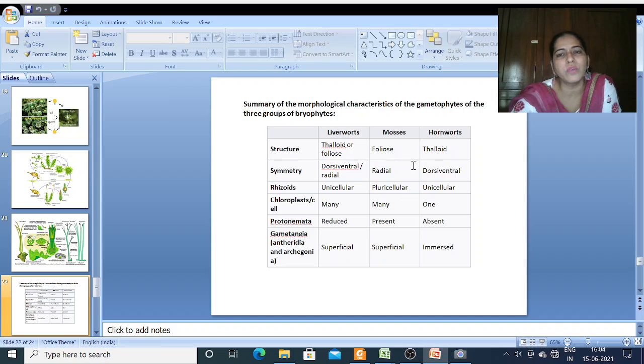Radial symmetry in mosses, and hornworts have dorsiventral symmetry. Rhizoids are unicellular in liverworts as well as hornworts. Then protonema is reduced in liverworts. Protonema is present in mosses, but there is no protonema formation in hornworts. And gametangia are immersed in hornworts, while they are superficial in both liverworts and mosses, as we have already seen in the previous slides.